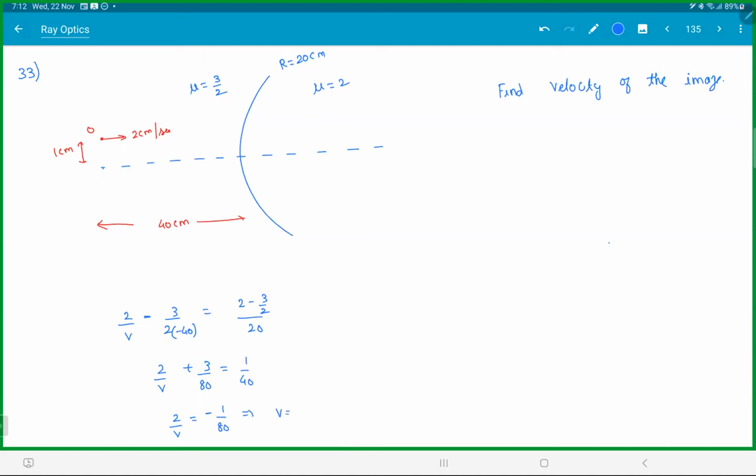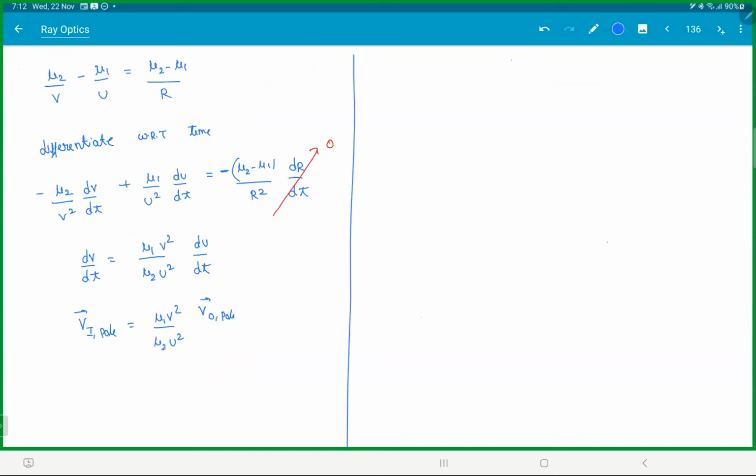So v is minus 160. Perfect. Magnification is minus mu1 v by mu2 u. mu1 is 3 by 2, minus 160 by 2 into minus 40, minus 3. Magnification is minus 3. Great. So now apply in the formula here.